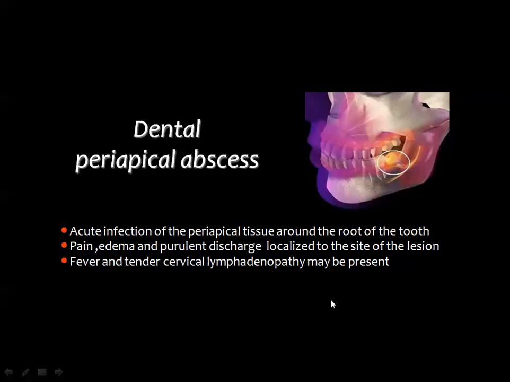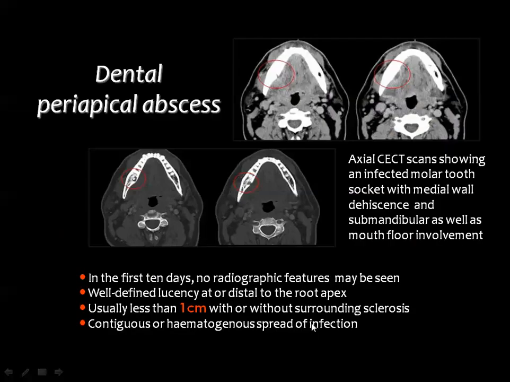These infections result from the formation of abscesses around the root of the tooth, and patients with an odontogenic source of infection may complain of pain, edema, and purulent discharge, which is usually localized to the site of the lesion. And in many situations, the patient may have fever, and many times there are tender, slightly enlarged cervical lymph nodes.